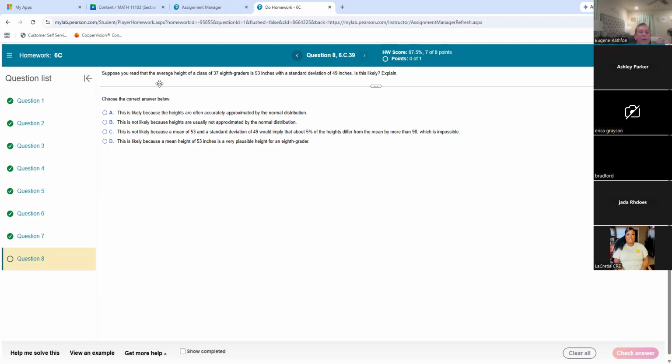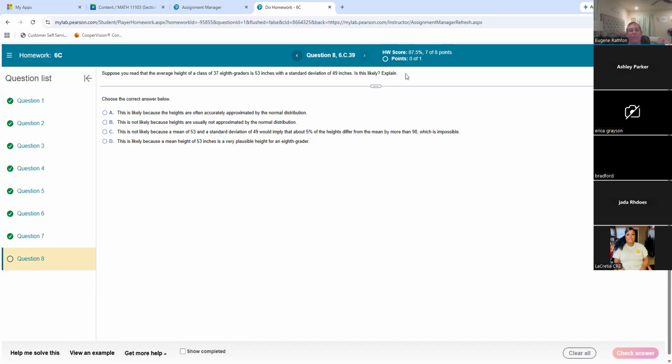All right, look at this one. Suppose you read that the average height of a class of 37 eighth graders is 53 inches with a standard deviation of 49 inches. Y'all, is that likely? Well, think about it. Your average height is 53 inches in the middle. One standard deviation of 49.